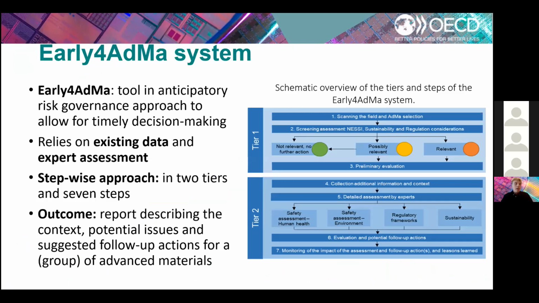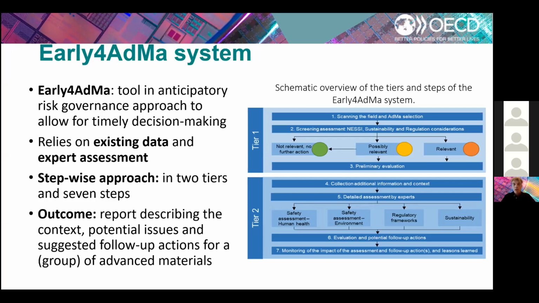So the Early4AdMa system, as was already explained, is a tool in an anticipatory risk governance approach that allows for timely decision making. And it's a system that relies on existing data and expert assessment. So in no case during the system is the user asked to generate new data. It relies on existing data, and it's a stepwise approach composed of 2 tiers and 7 steps.